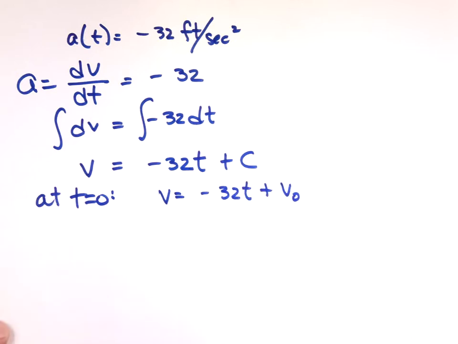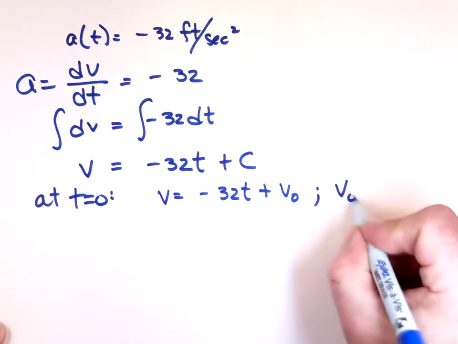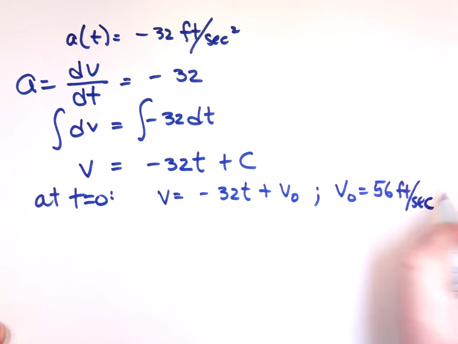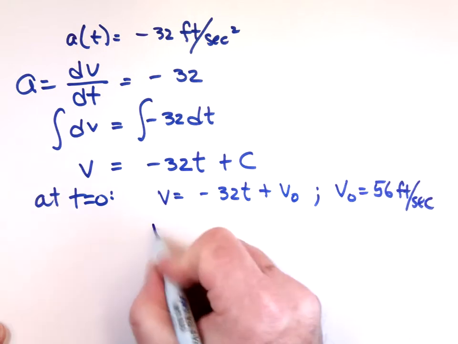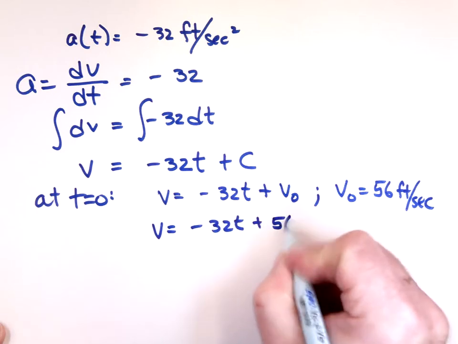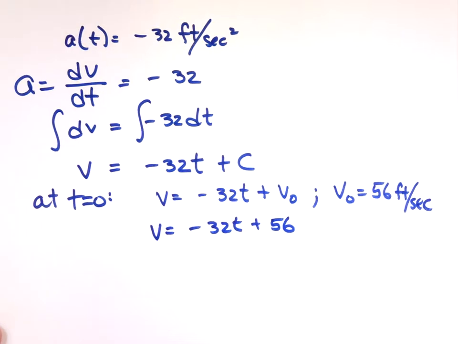Now, in this particular question, v sub naught, the initial velocity, is 56 feet per second. So that's what I'm going to use for v sub naught. So we have velocity is negative 32t plus 56. But what's velocity? It's the derivative of your position.